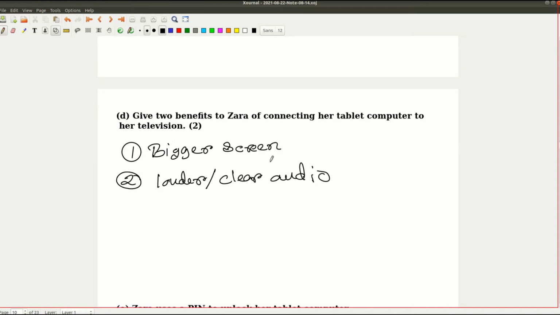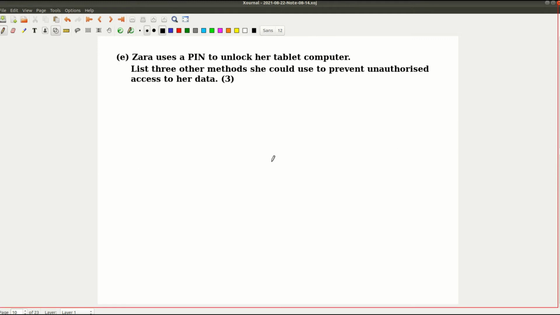Okay. The second question is about Zara, who uses a pin to unlock her tablet computer. List three other methods she could use to prevent unauthorized access to her data. So what type of pin can we use? One, we can use facial recognition.